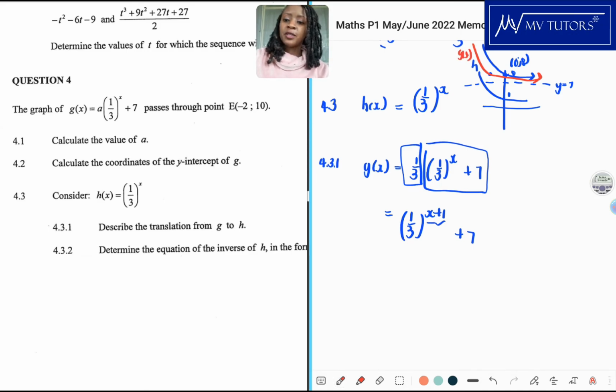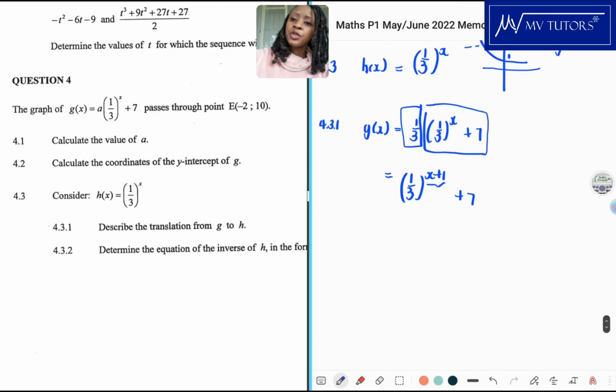But what is the question? They didn't ask us how do we go from h to g. They asked us how you go from g to h. So how would you go? If originally I was here and I moved 7 units up, if I want to go back to where I used to be, I would shift 7 units vertically down, or just 7 units down.